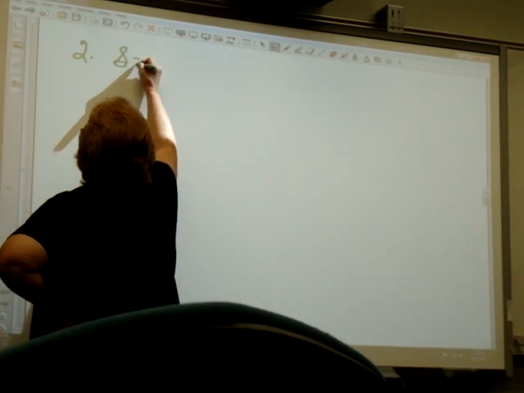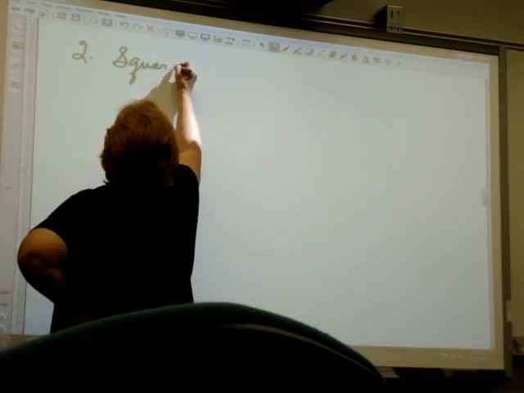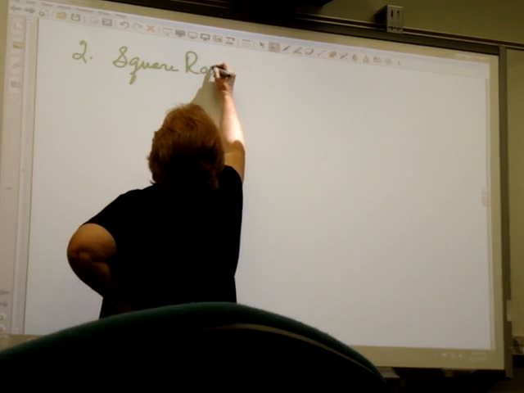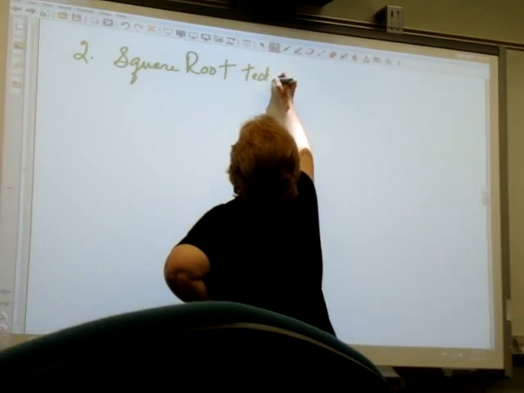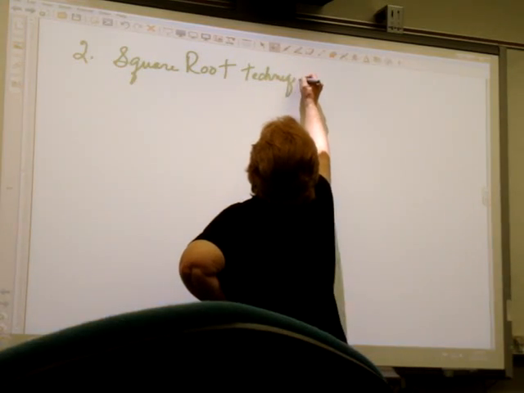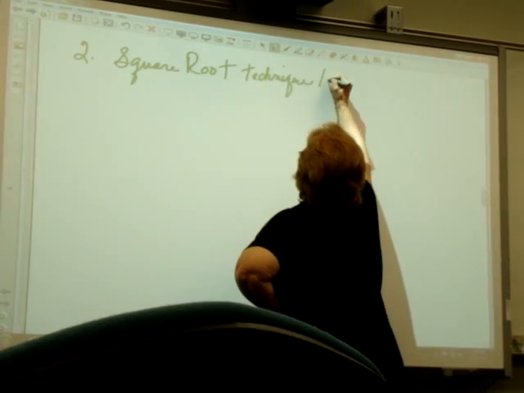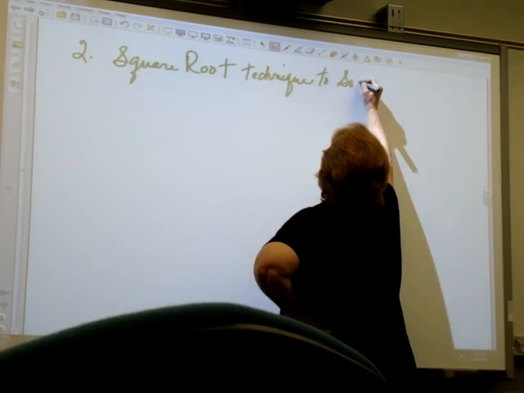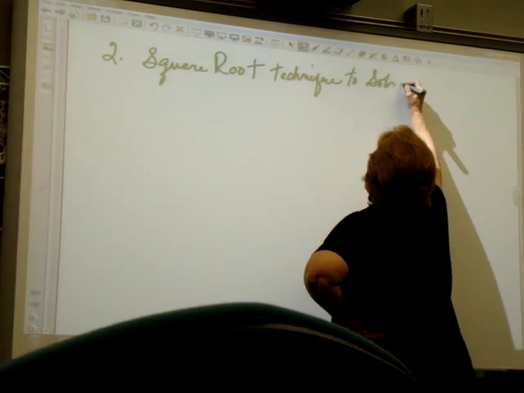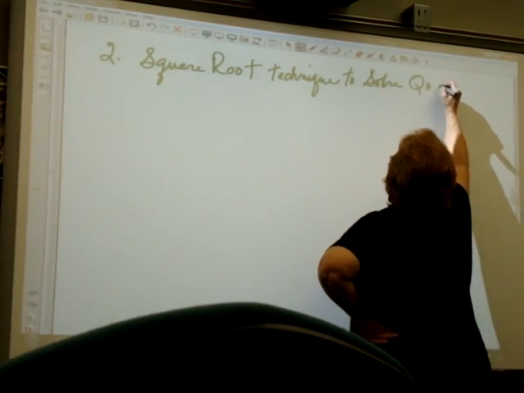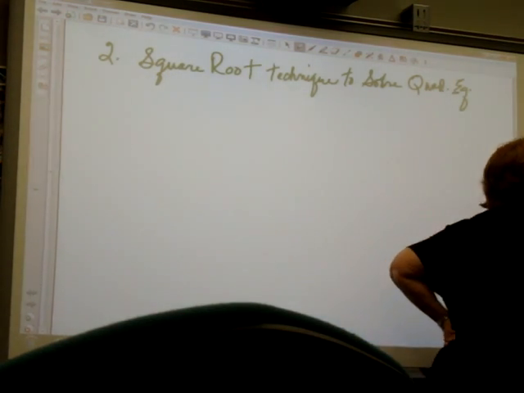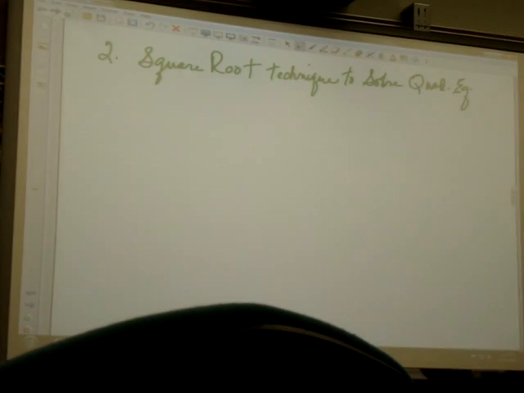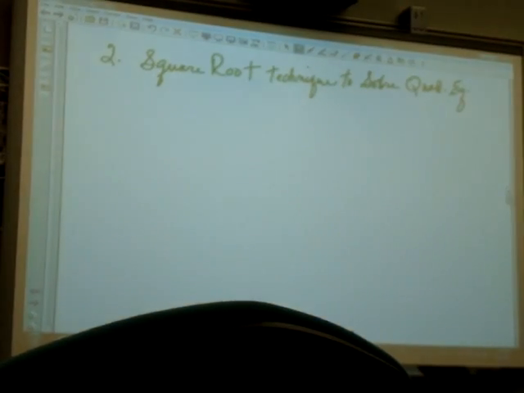It's called the square root technique to solve quadratic equations.